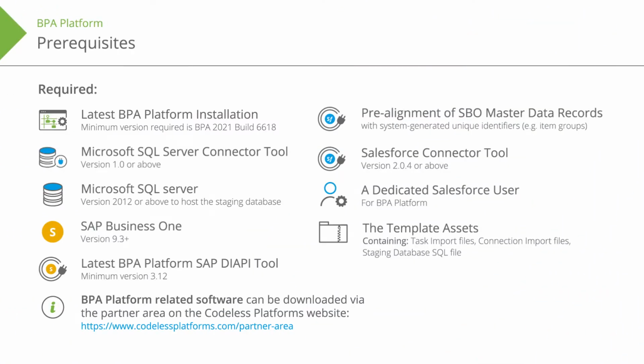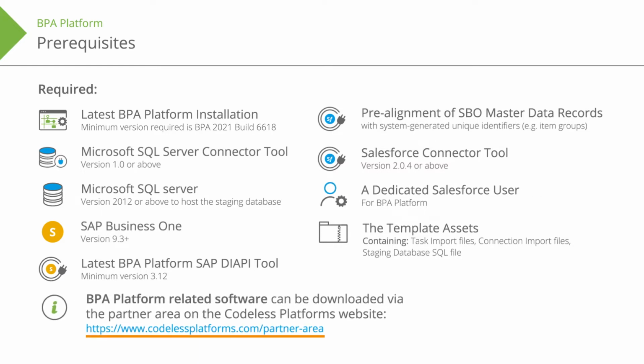You will require BPA Platform 2021, the Microsoft SQL Server Connector tool, Microsoft SQL Server 2012 or above, available to host the staging database, SAP Business One, version 9.3 or above, the SAP Business One DI-API integration tool, pre-alignment of SBO master data records with system-generated unique identifiers, the Salesforce Connector tool, and a dedicated Salesforce user for BPA Platform.